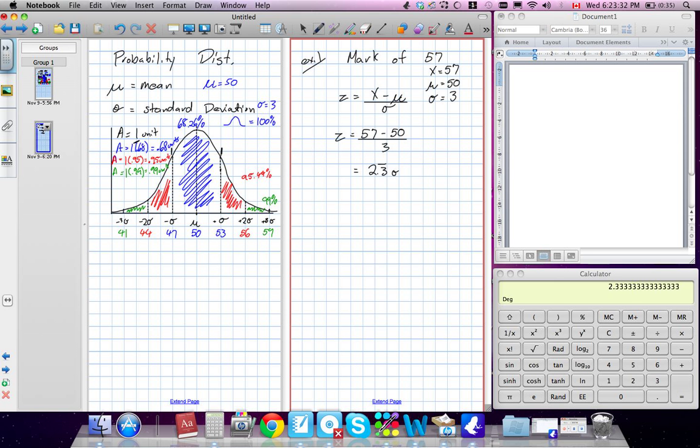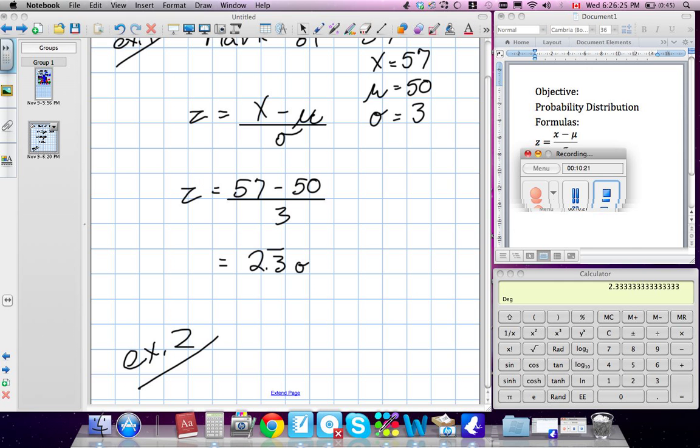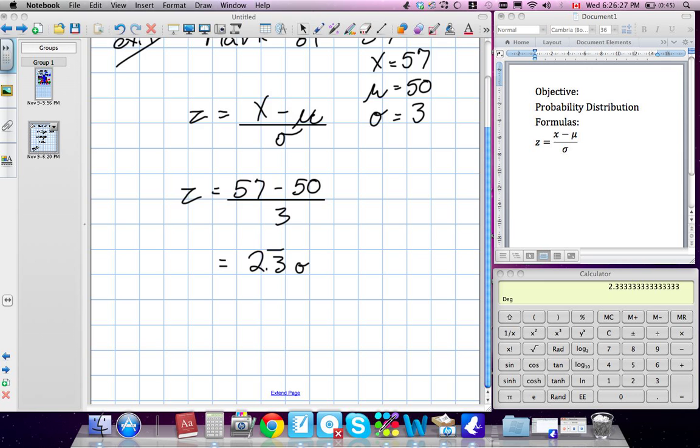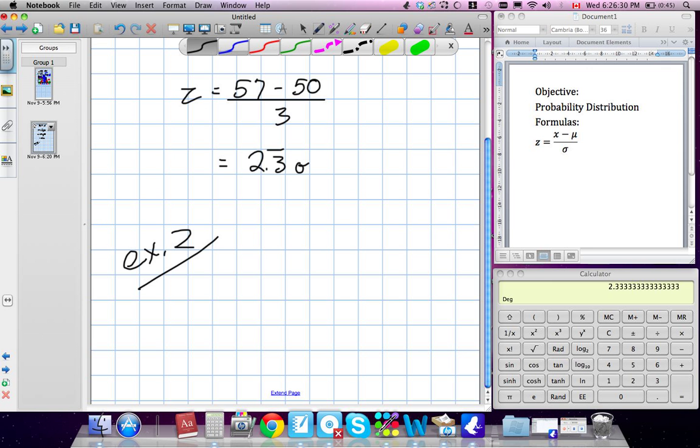So our z is equal to 57, subtract 50, which is our mean, divided by the standard deviation, which is 3. When we solve that, we get 57 subtract 50 equals 7, and we divide by 3, 2.3333.